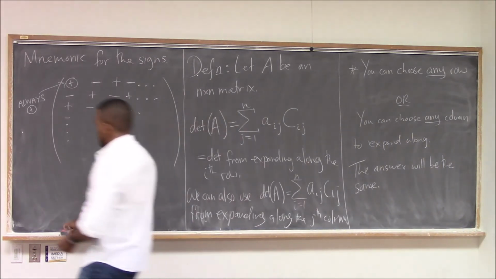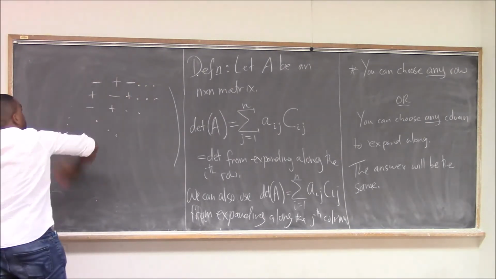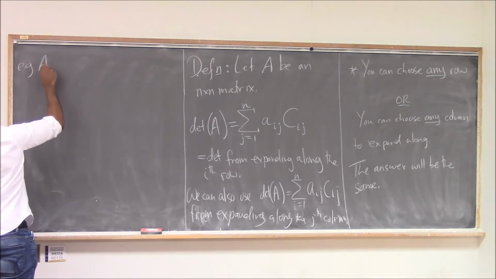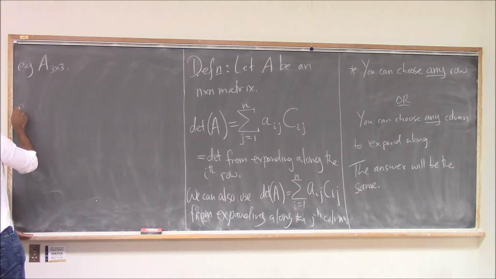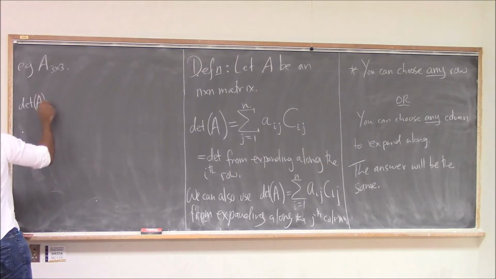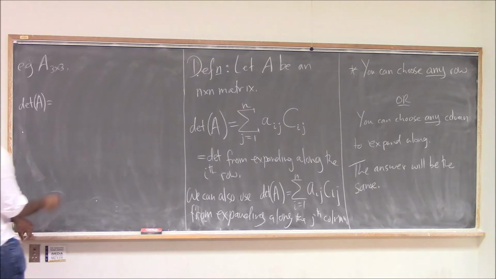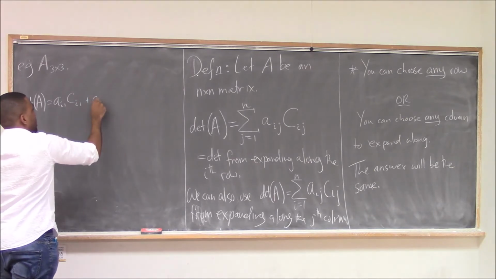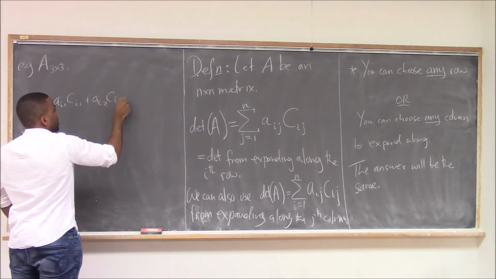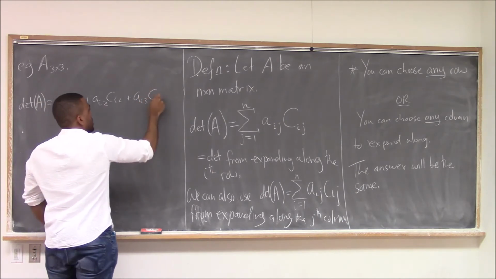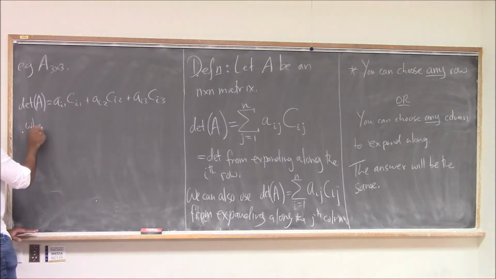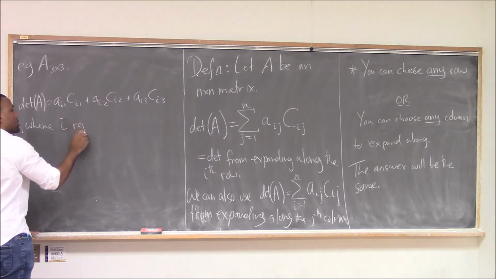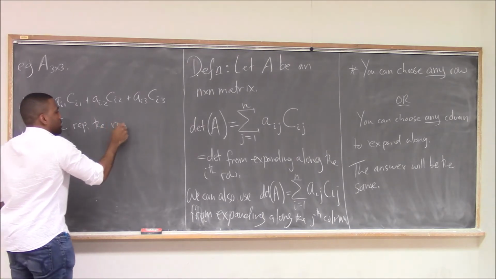For example, if A is a 3x3, the determinant of A is a_i1 C_i1 plus a_i2 C_i2 plus a_i3 C_i3, where i represents the row I need.